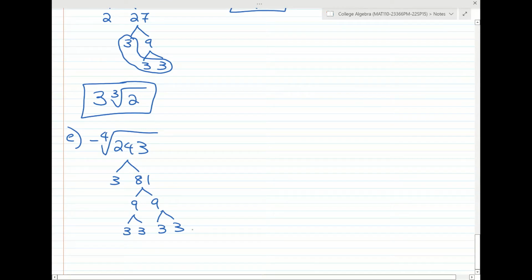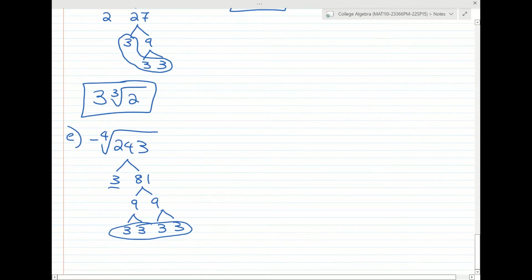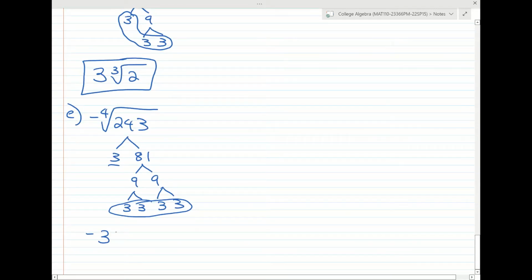So this is a fourth root. We're looking for a group of 4, and then we have a 3 left over. So the answer would just be negative 3 times the fourth root of 3. That's how we would do a problem like that.